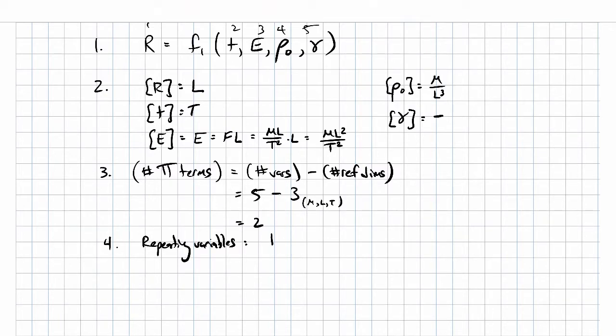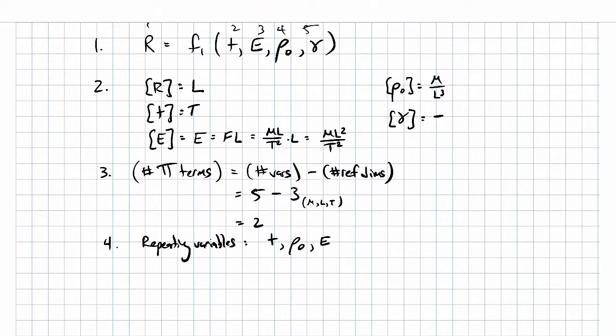And I'll explain in a moment. So I'll choose t for the time. I'll choose rho naught for the mass. And I'll choose e for the length. I don't want to choose r as length because that's on the left-hand side of the equation. That's a dependent variable. I just want to choose from my list of independent variables, which are on the right-hand side.